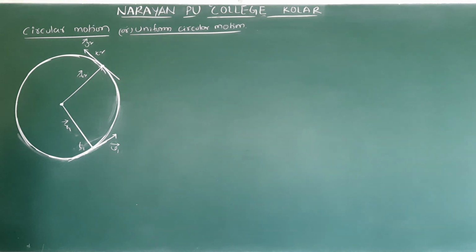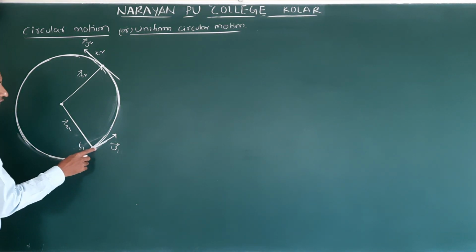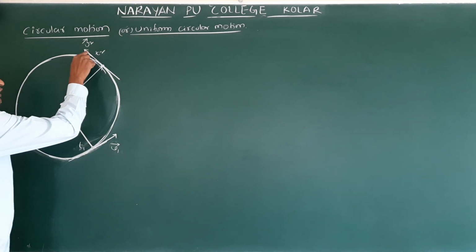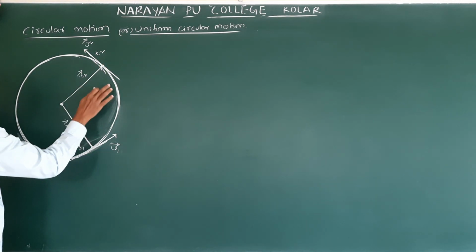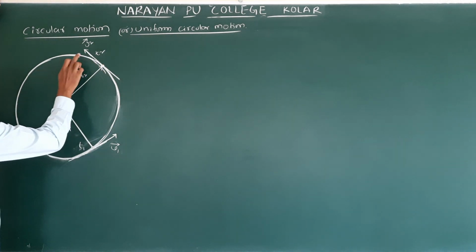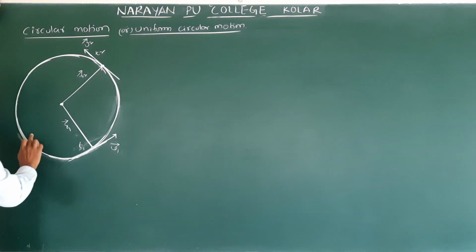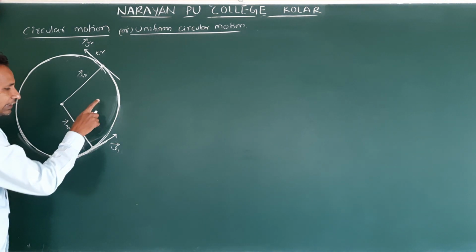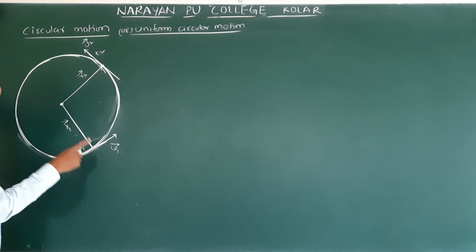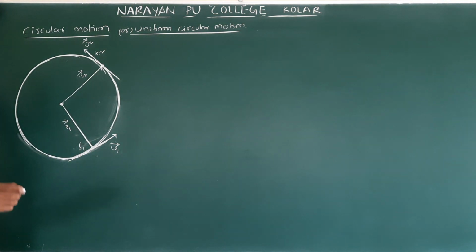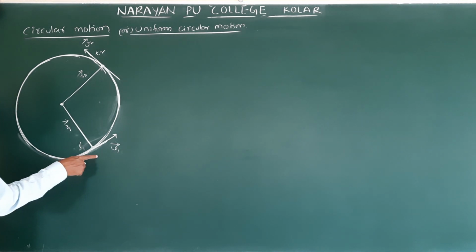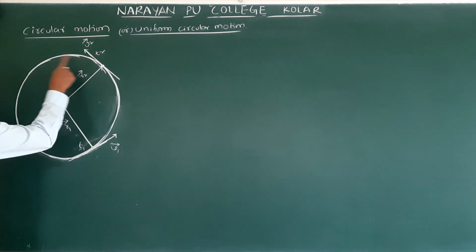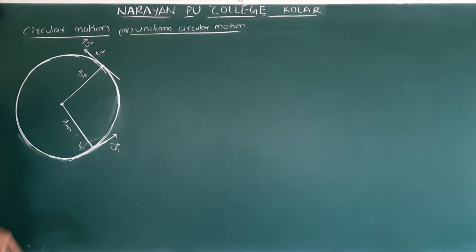When I take the point here, the direction of velocity is this one. Here, this one. As the object is moving on a circular path, the direction of velocity keeps on changing. That's why, instead of saying constant velocity, I mentioned constant speed. Reason: direction keeps on changing, but magnitude does not change.